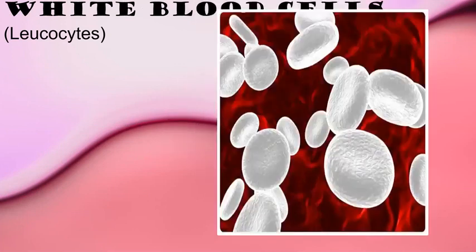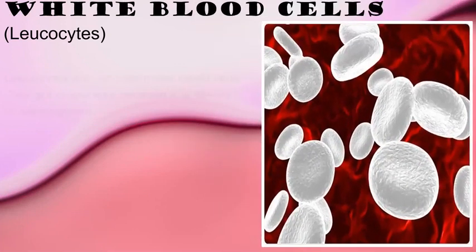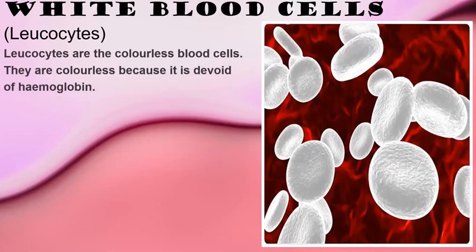Let's study about leucocytes or white blood cells. White blood cells, known as WBCs, are also called leucocytes. They are colorless blood cells because they are devoid of hemoglobin.